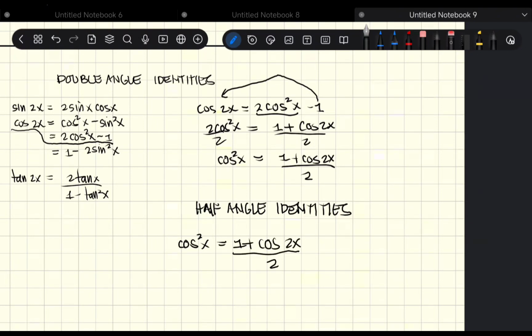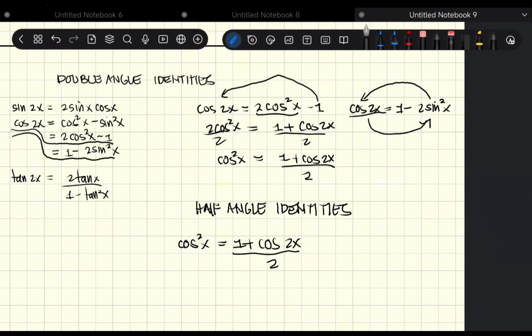If we take this, cos 2x is equal to 1 minus 2 sine squared x, and we transpose this, and also this.